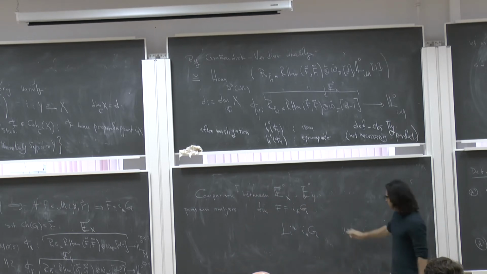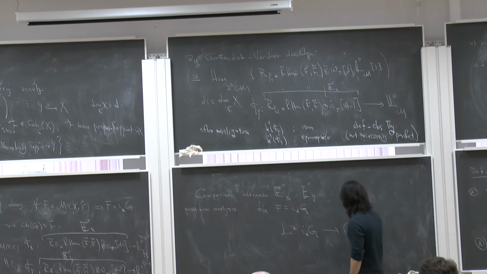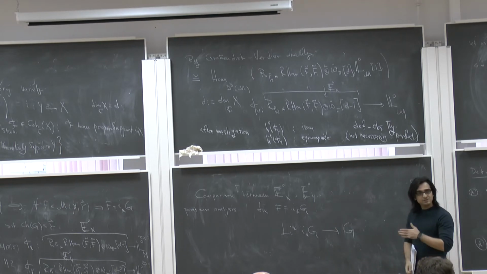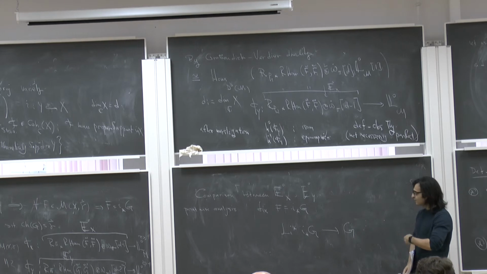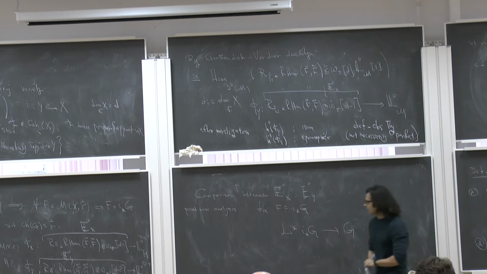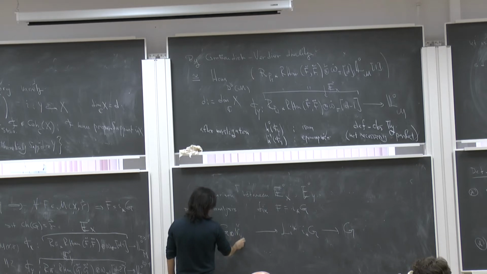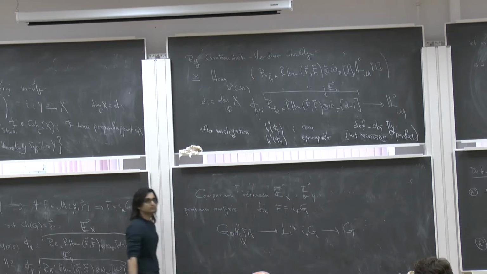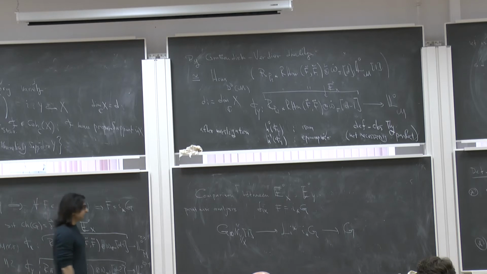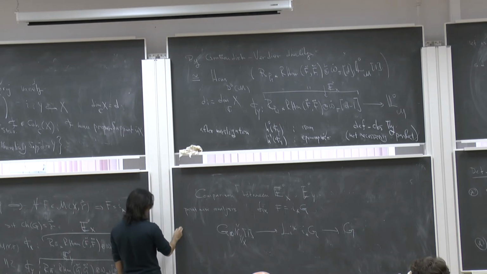And what do you see? You will see G itself, but then you will see something that detects the normal information of Y inside X. So you will get an exact triangle where this is G times co-normal bundle of Y inside X, shifted by one. This exact triangle was proved to exist by Bondal and Orlov.